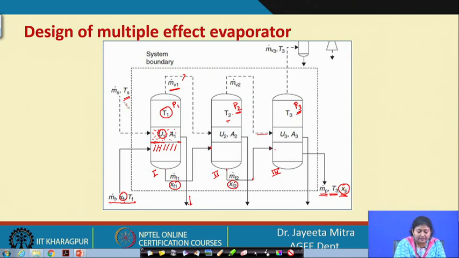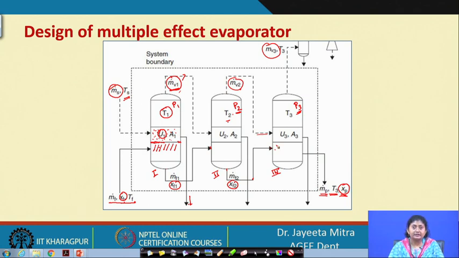Utilizing the same steam ms dot, we are now generating vapor mv1, then mv2 and mv3 dot. So we can see how we are increasing the steam economy as well. In more general cases we consider that these three effects are equal in size, that is, the heat transfer areas available are the same.